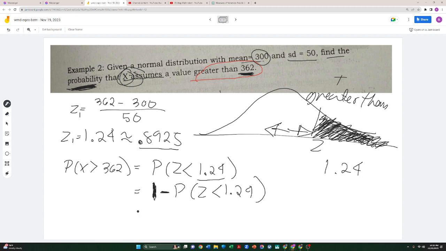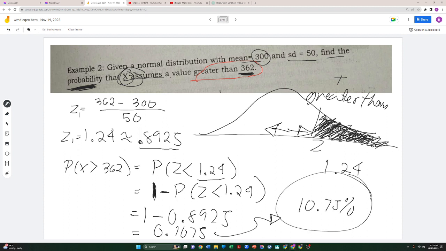So, let's go. Enough for talking. So, 1 minus 0.8925, therefore, is equal to 0.1075. So, i-percent nimo na, 10.75%. Therefore, find the probability that x assumes a value greater than 362. Therefore, the probability is 10.75%. Kay katong mga number na below sa 362, nagrepresent siya og 89.25%.